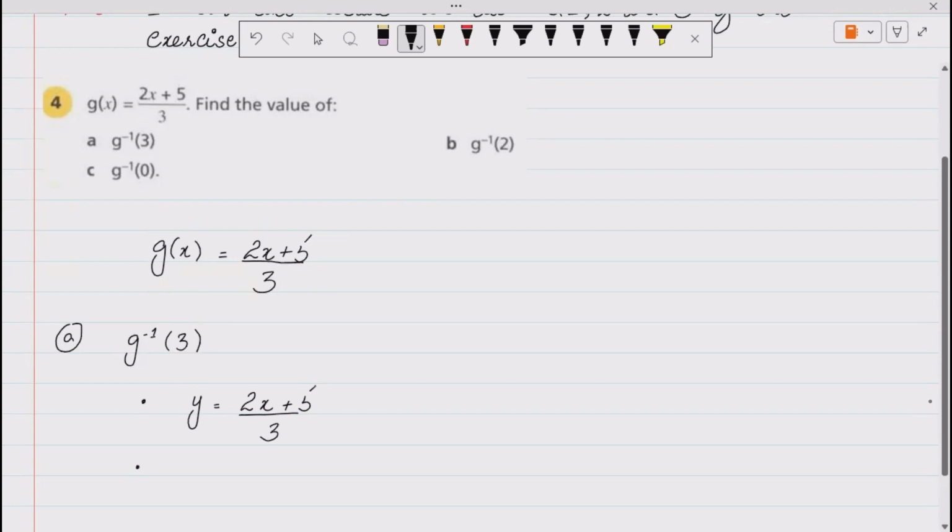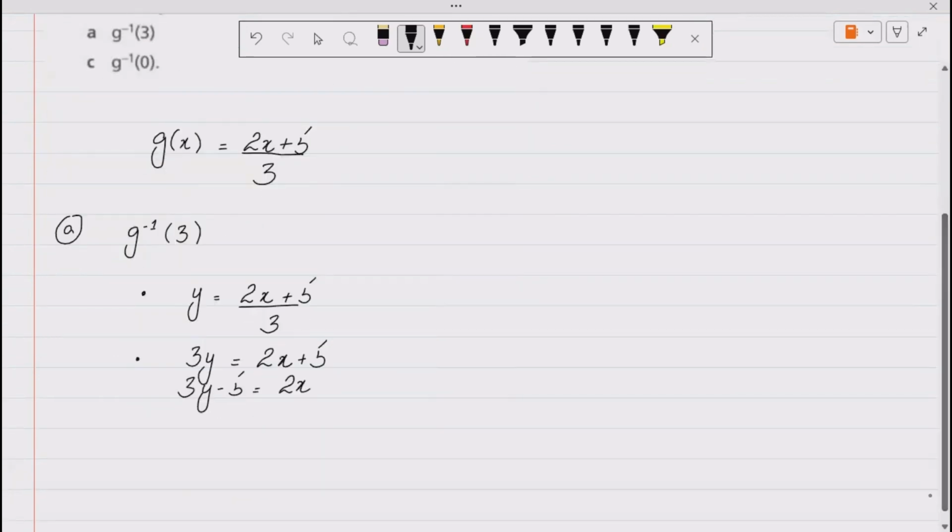This 3 is dividing, so it goes there and multiplies with y: 3y equals 2x plus 5. Then this plus 5 goes there, and it becomes 3y minus 5 equals 2x. And in the end, this 2 is multiplying here, so on the left hand side it divides: (3y minus 5) over 2 equals x. So the second step is complete.